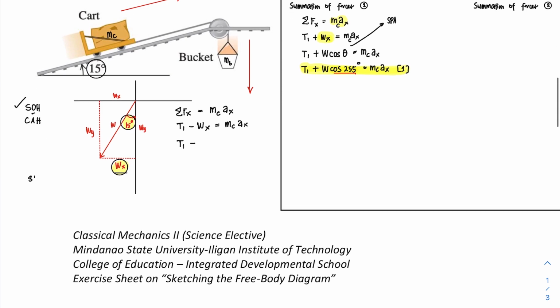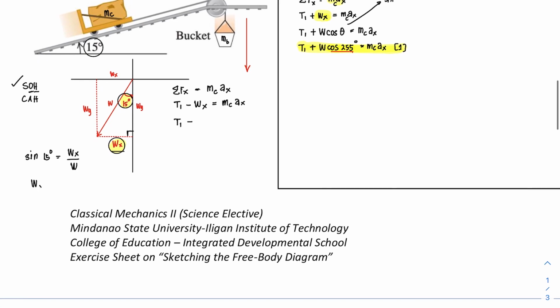So, this is telling you that the sine of the angle, which is 15 degrees, is equal to the opposite, W sub x, divided by the hypotenuse, which is just the weight. Because again, the hypotenuse is always 90 degrees from the opposite. So this is telling you that W sub x is simply W sine of 15 degrees. So you have here W sine of 15 degrees.